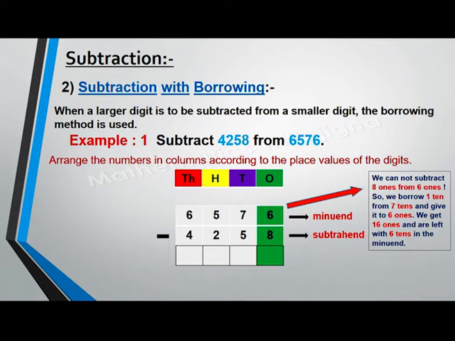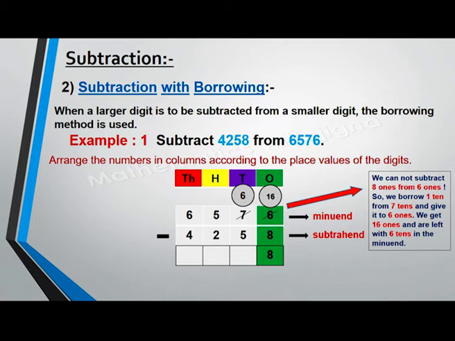So we borrow 1 ten from 7 tens and give it to 6 ones. We will get 16 ones. Now subtract 8 ones from 16 ones. We'll get 8 ones. And 6 tens are left in the tens column in the minuend.